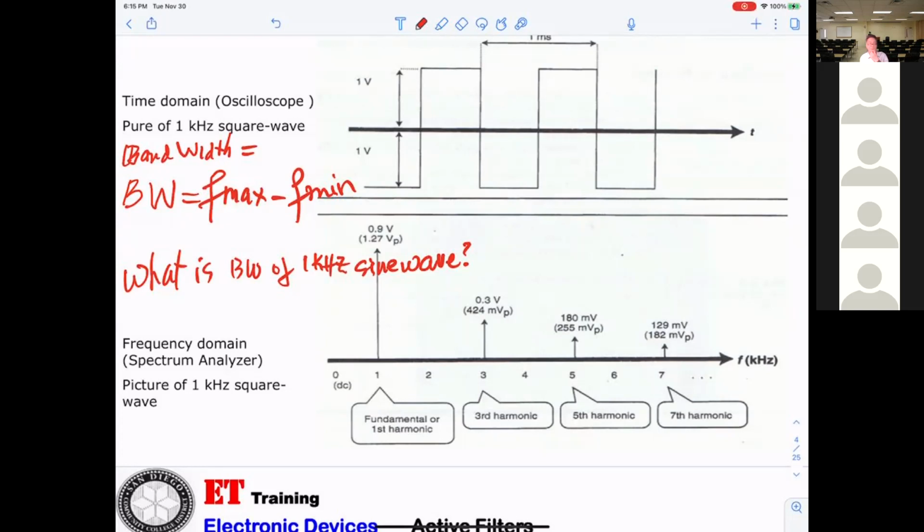Then what is the bandwidth of a 1 kilohertz sine wave? 2 kilohertz. One answer will be 2 kilohertz. Who else? What's the bandwidth of 1 kilohertz? It should be 1 kilohertz.